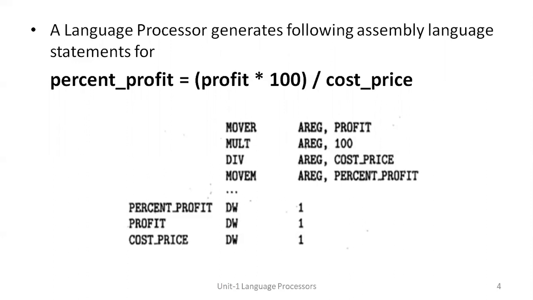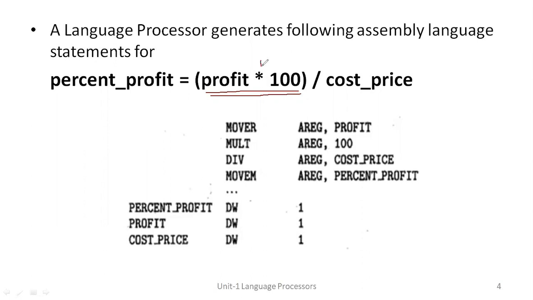After moving profit into a particular register, multiplication is expected. Now here you can see we'll decide the order how this particular statement will be executed. So first operation to be performed is multiplication of profit with 100.